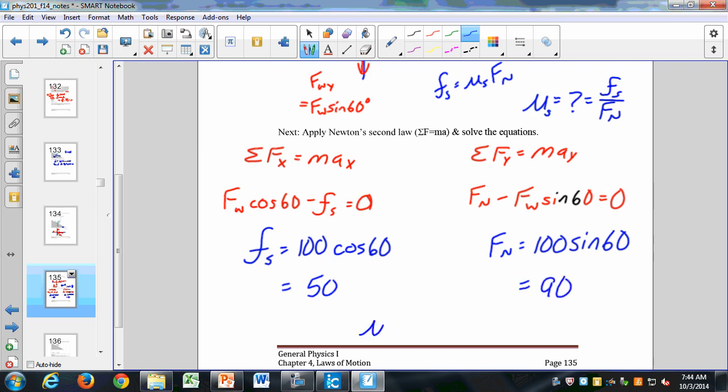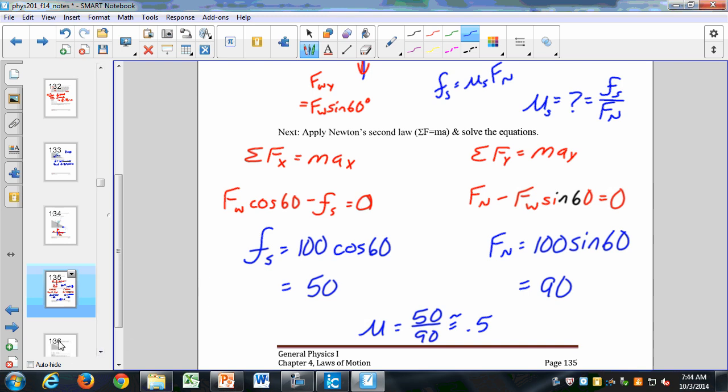And so mu is equal to 50 over 90, which is roughly 0.5. I don't know what it is exactly. You alright? Follow that okay? Yeah? Okay.